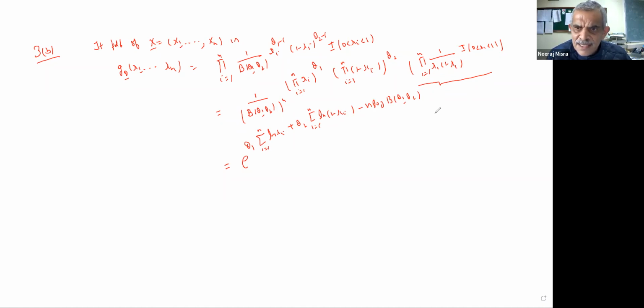And then this is h(x). Is that okay? Now it is in terms of the exponential family, theta 1, theta 2.